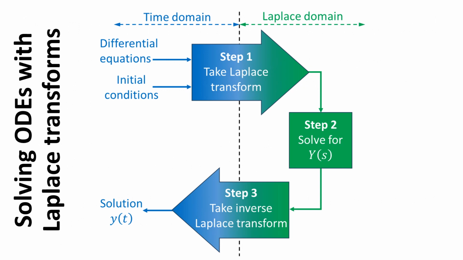The generalized process that we've used then is summarized in this diagram. So we're starting off in the time domain. So we have differential equations and initial conditions. We then use that information to take the Laplace transform. So that's step 1. Step 2 is then to solve for Y of s. And then step 3 is to take the inverse Laplace transform. So we get a solution in terms of y of t.